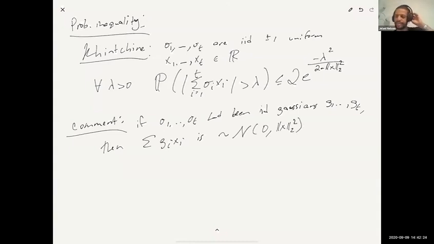If you take independent Gaussians and add them, you get a Gaussian whose variance is the sum of the variances of the Gaussians you added.